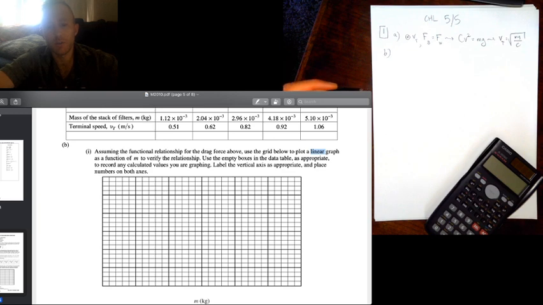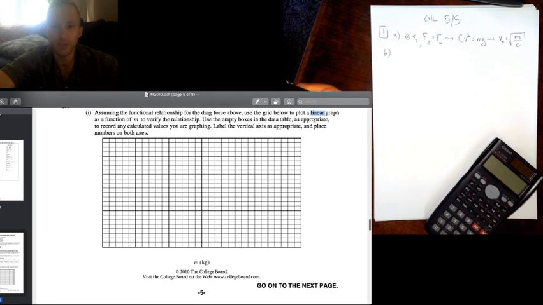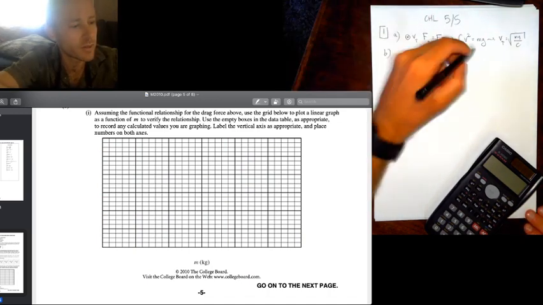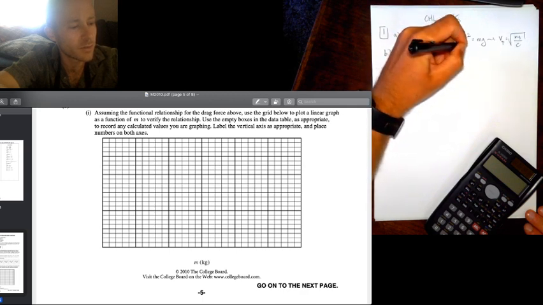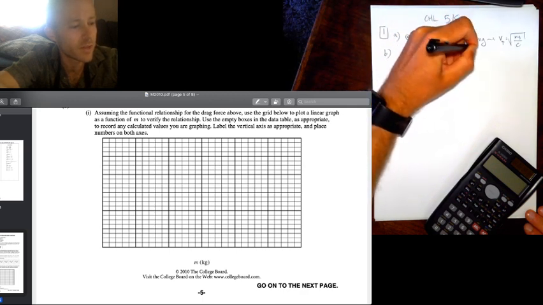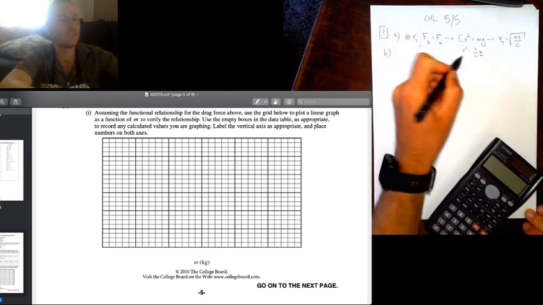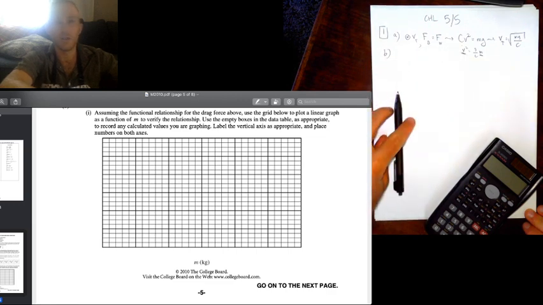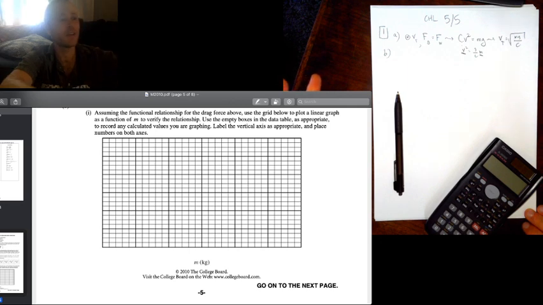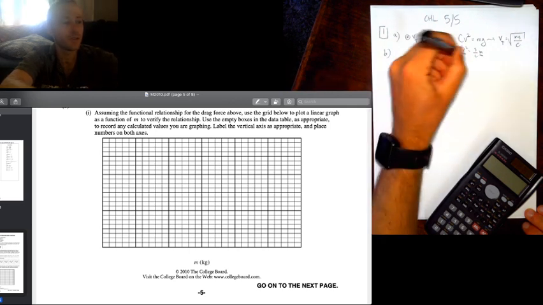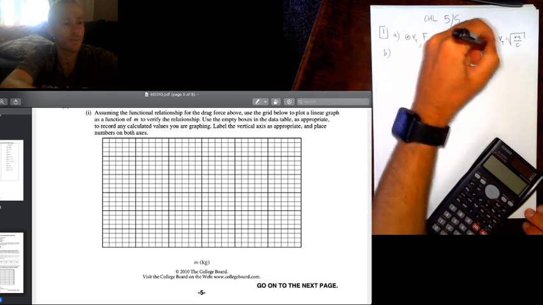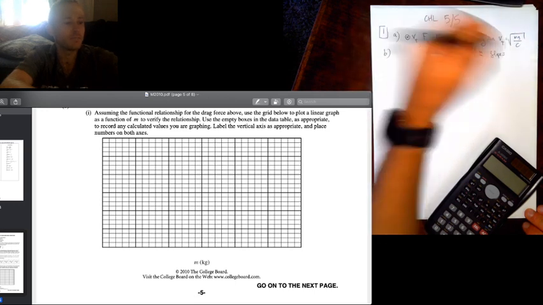Okay, so you can see that I'm putting mass on the horizontal axis. So if I want a straight line, if I go to this relationship right here, I get v squared equals g over c times m. So if I have m on the horizontal axis, and if I put v squared on the vertical axis, then I get a linear relationship with slope g over c.